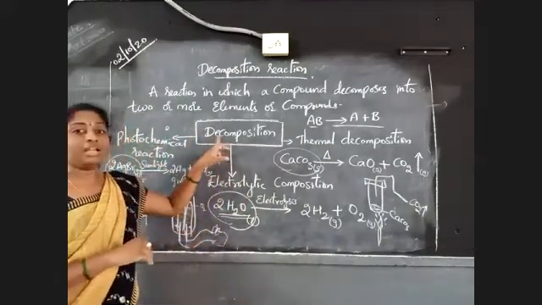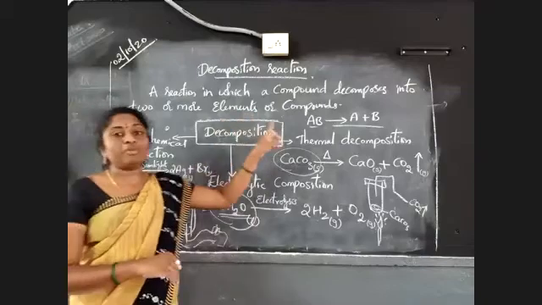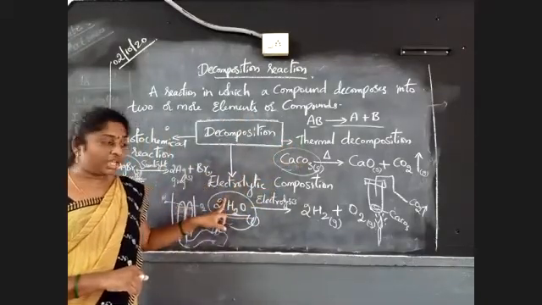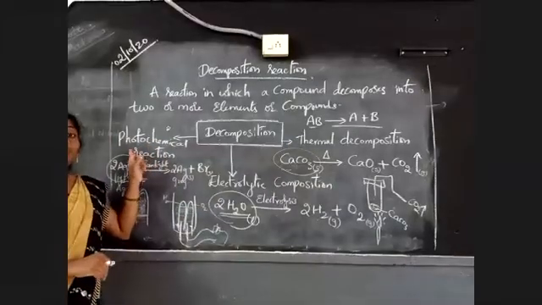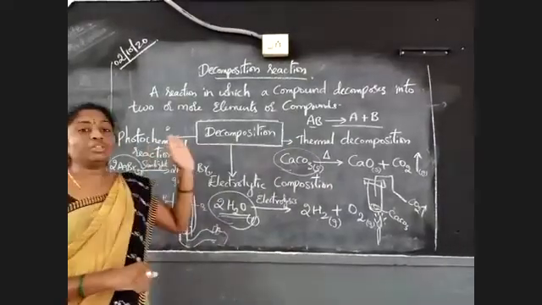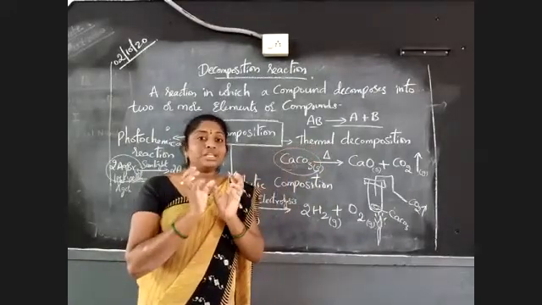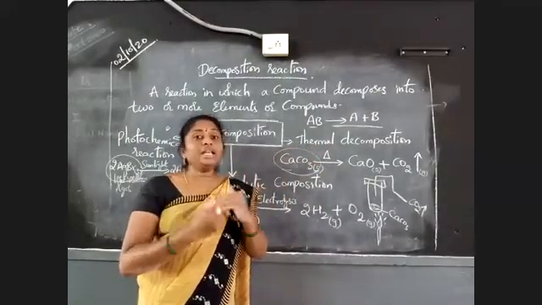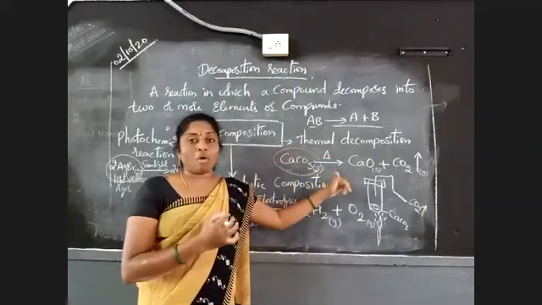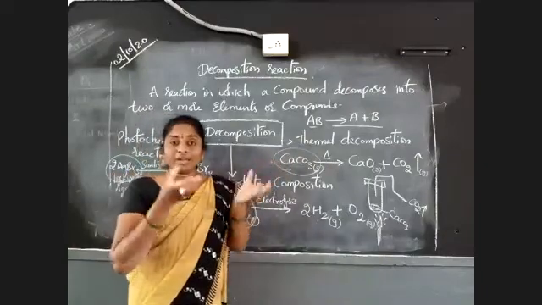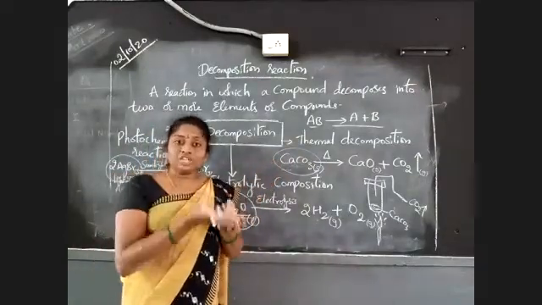In the decomposition, we studied thermal decomposition, electrolytic decomposition, and the next one, the photochemical reaction. Thermal indicates heat. The substances are absorbing the heat. Here, for thermal decomposition, the example you can take is lead nitrate or calcium carbonate.